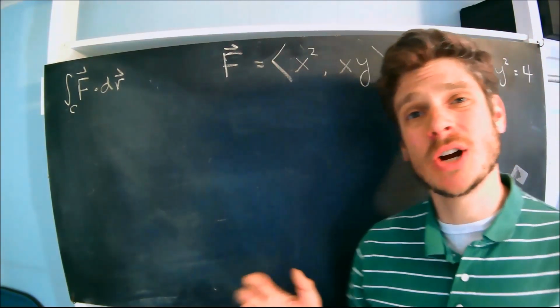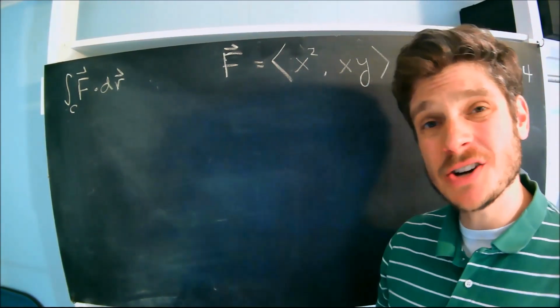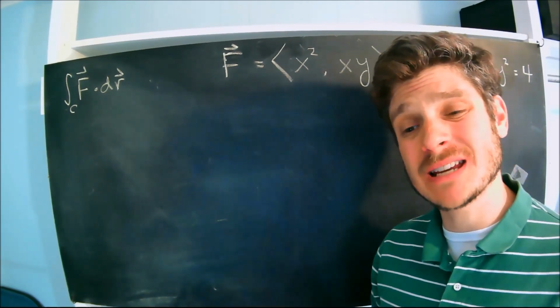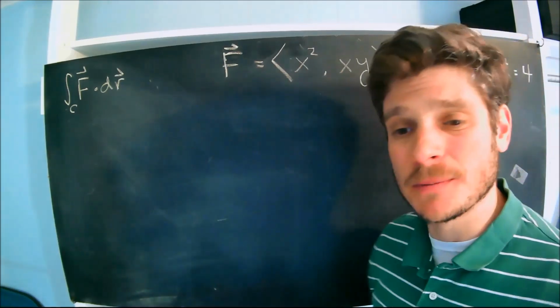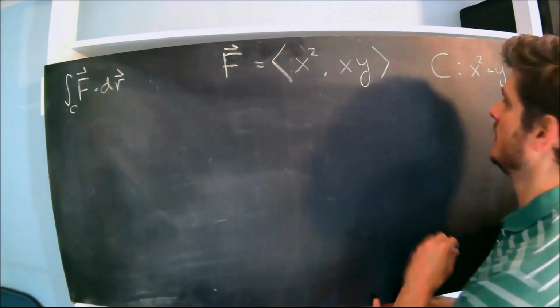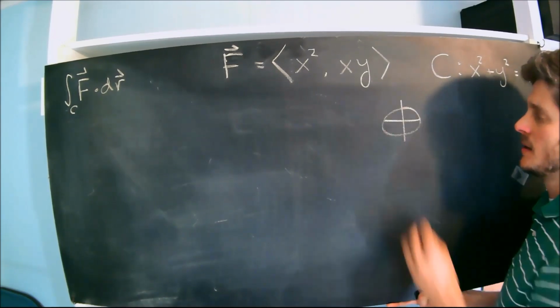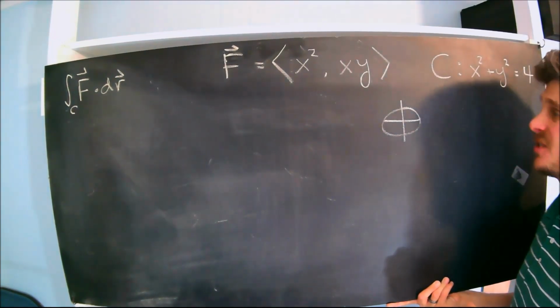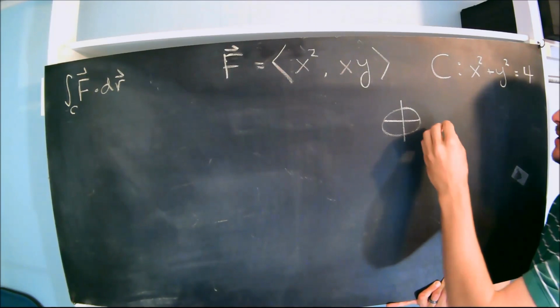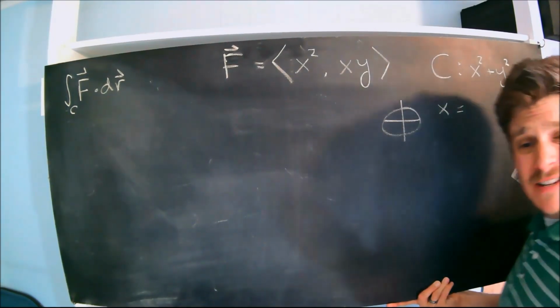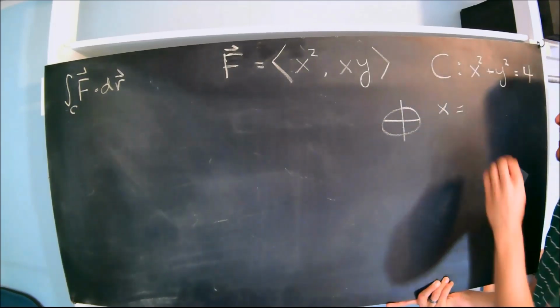Again, typically we want to start with our curve C, understand what that looks like, how we can parameterize that, and then use that parameterization in the rest of the problem. So, let's see. So C, right, we have a circle, radius 2, and we talked about this earlier. So we're parameterizing very similar to how we parameterize polar coordinates.